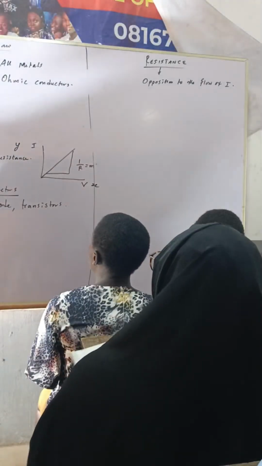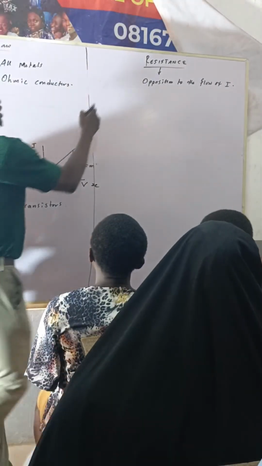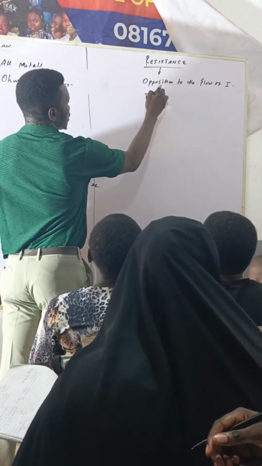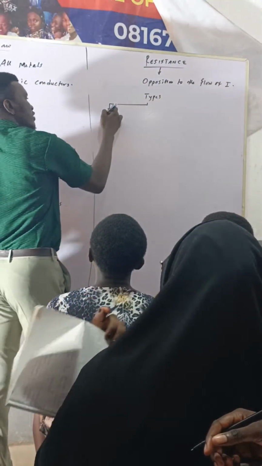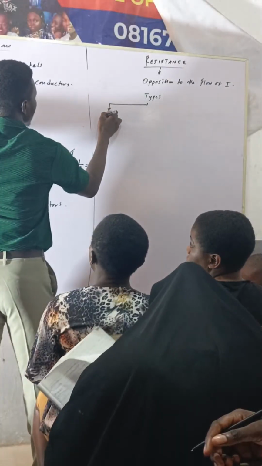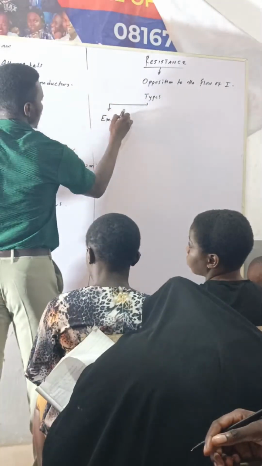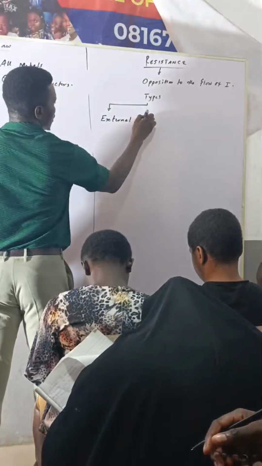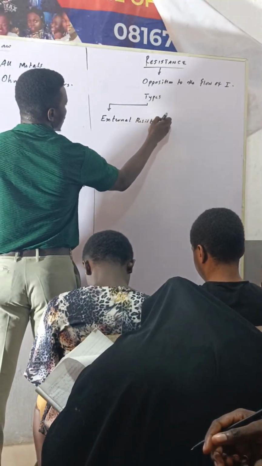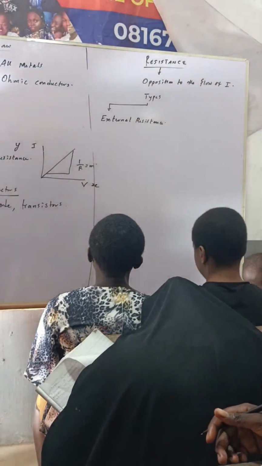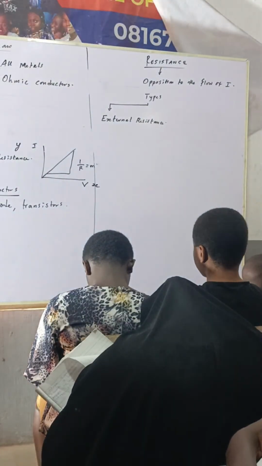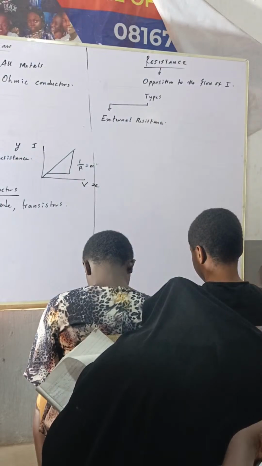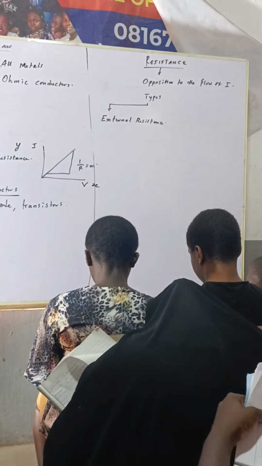If I'm talking about a battery, we have two types of resistance, not rheostats. We have what we call external resistance. In this place, there is the resistance of this component, and it's connected to this battery.